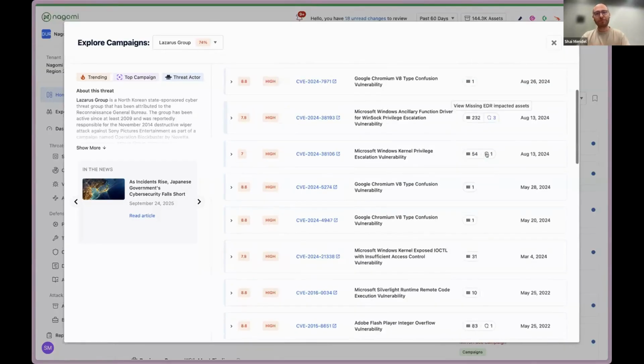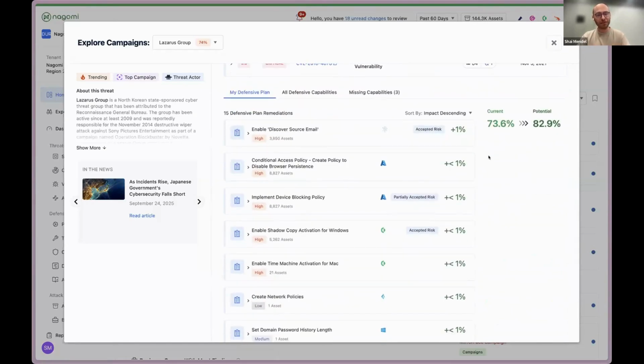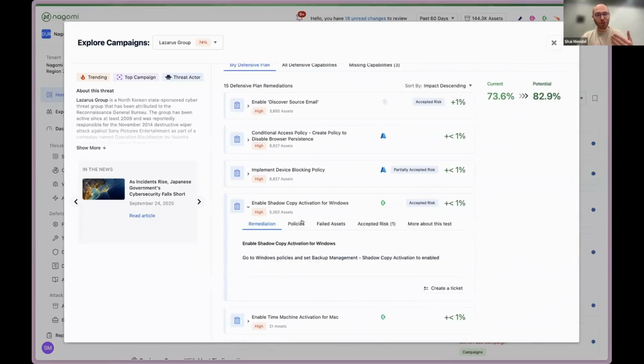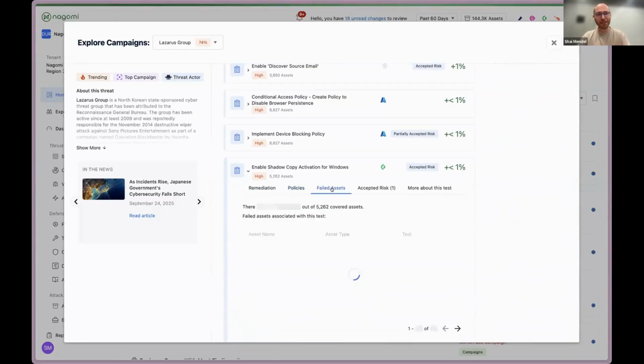Another output is, what can I do, given the tool stack I already have, to prevent that attack to begin with? This relies on Nagomi's unique ASCA engine. And in this example, you can see easily, what can I do in Cortex? It actually highlights, you should turn on this capability on Cortex on those failed policies that impact those failed assets.